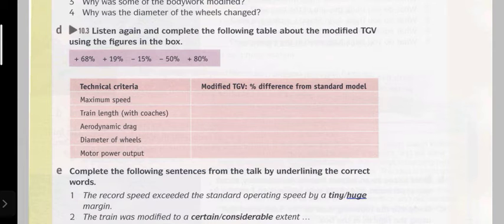Yeah, minus. Yes, very good. Aerodynamic drag. Please. Yeah, minus 15%. Very good. Diameter of wheels. Yeah, plus 19%. And the motor power output? Yes, plus 68. Now move to E.